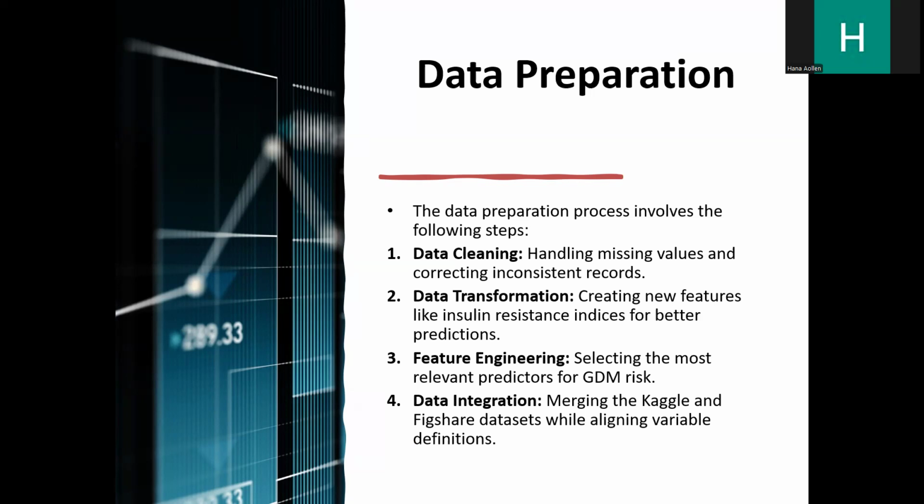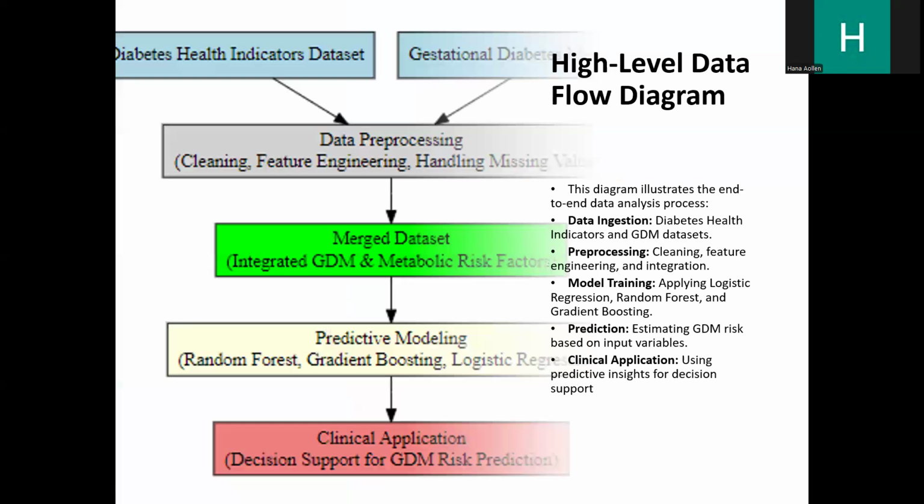Third, feature engineering, selecting the most relevant predictors for GDM risk. The fourth is data integration, where I will merge the Kaggle and the Figshare datasets while aligning variable definitions.